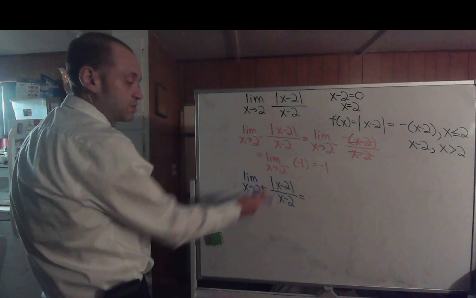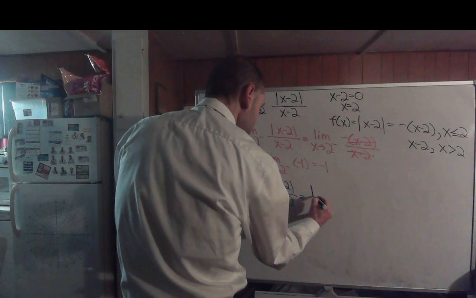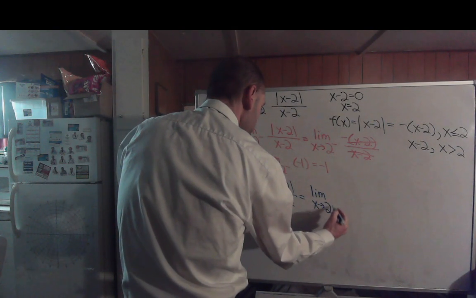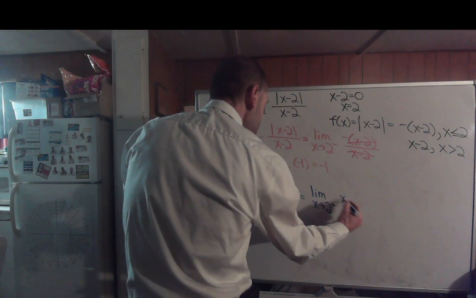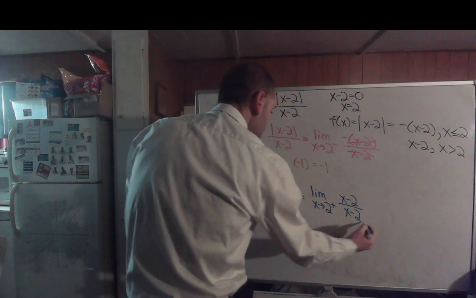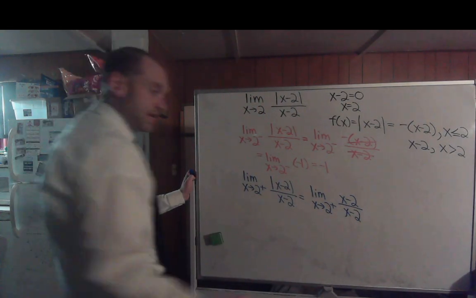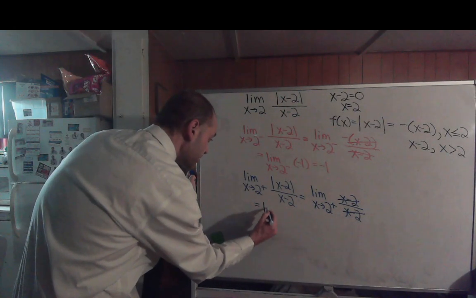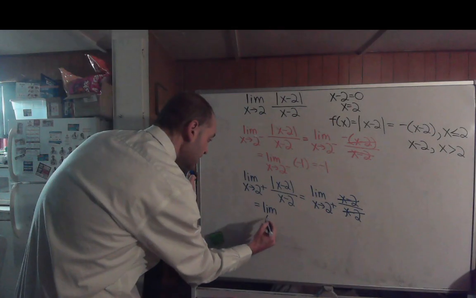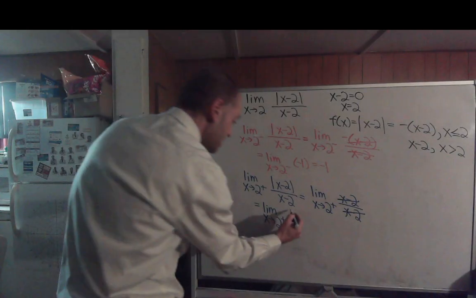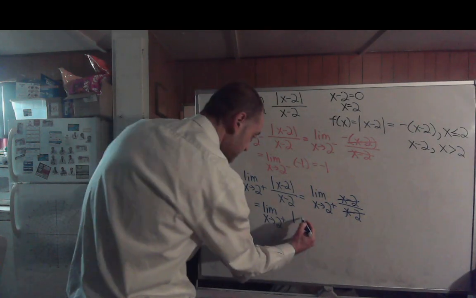So that absolute value of x minus 2 will become the limit as x approaches 2 from the right of positive x minus 2 divided by x minus 2. And now notice we can cancel out those x minus 2's. You're left with the limit as x approaches 2 from the right of simply 1, which would give you positive 1.